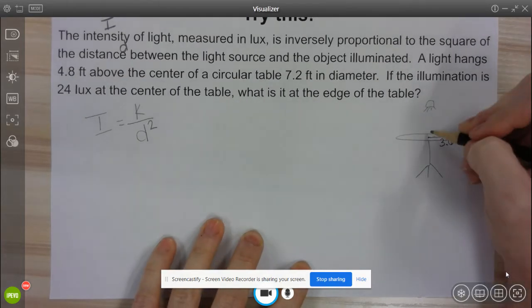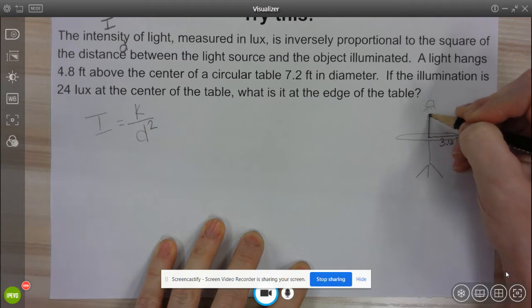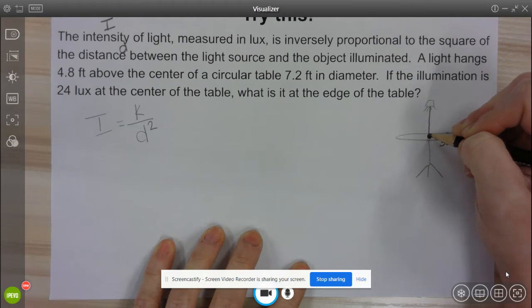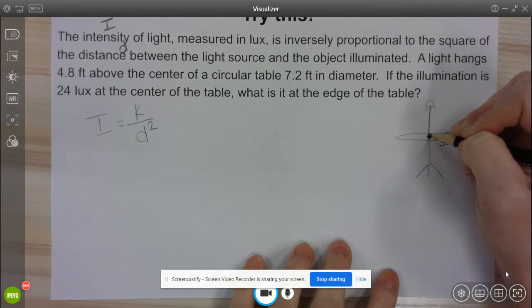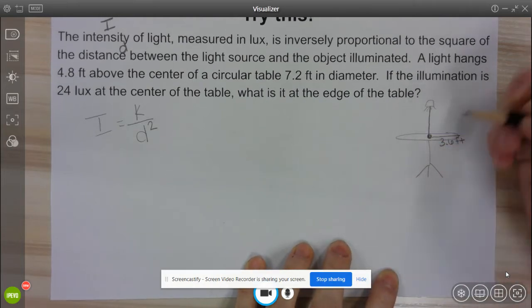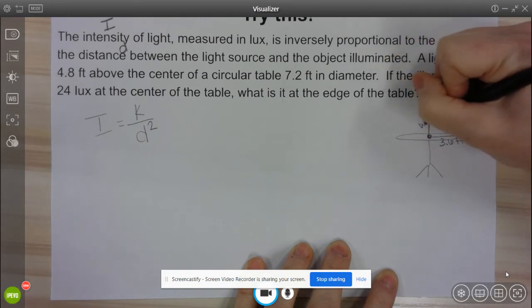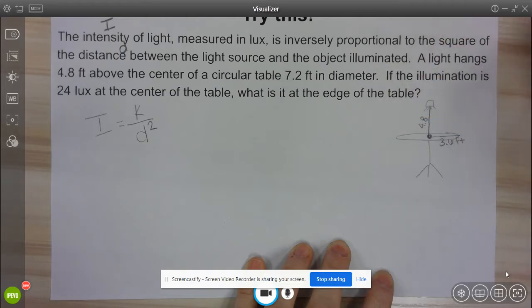Hate to break it to you. So this point right here, I know that intensity. So here, this is 4.8 feet.